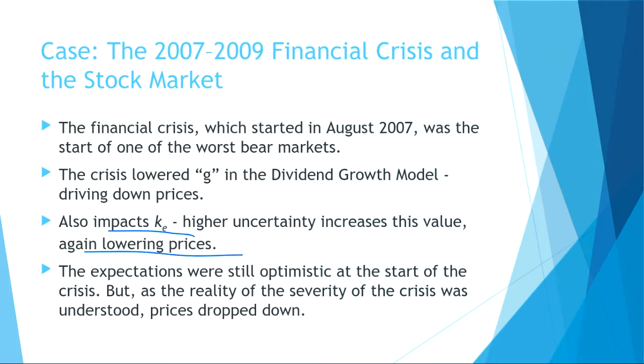So yes, this model is not ideal to calculate the value of a stock, but it gives a general idea that if the growth rate goes down and the required rate goes up, we end up with a low price level. That's why right now, and it was the same in 2008, the index level, the value of stocks, dropped down.